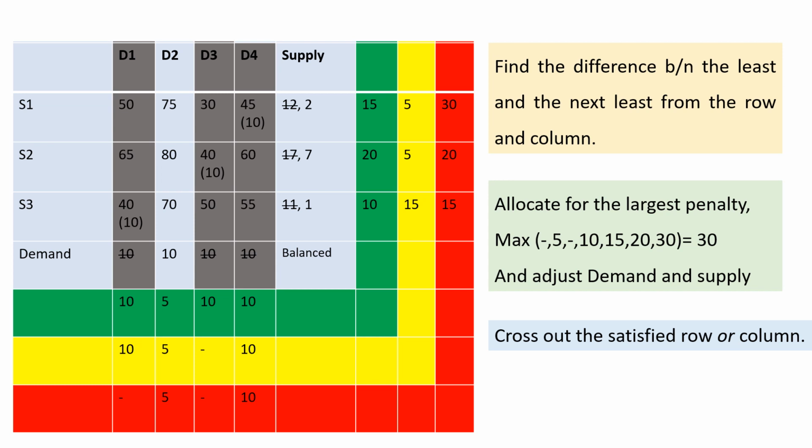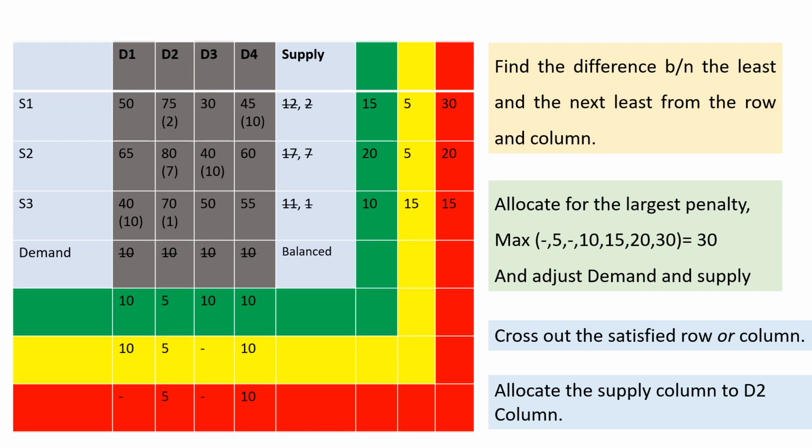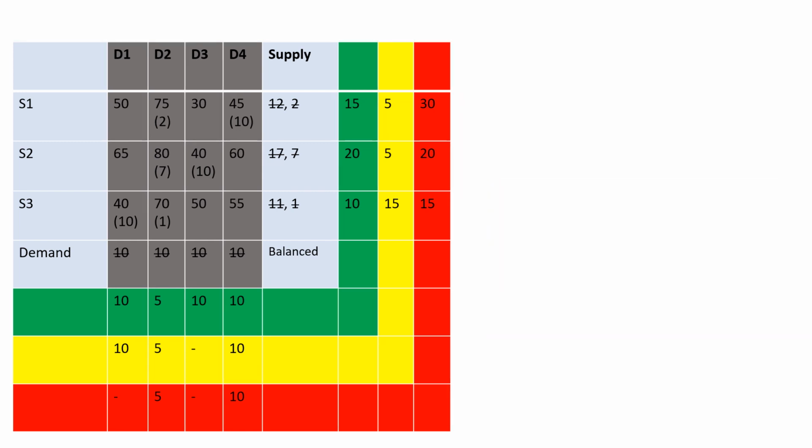Then we cancel all this, and we cancel also this. So we can allocate the supply column to the D2 column, and then we can shed the D2 column. And the last table looks like this.